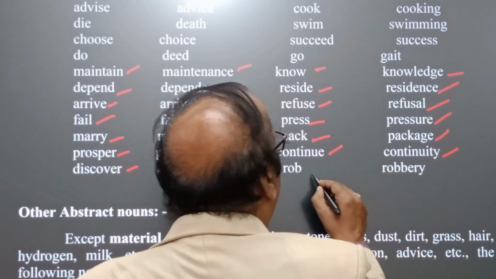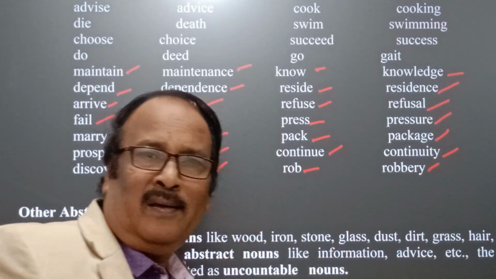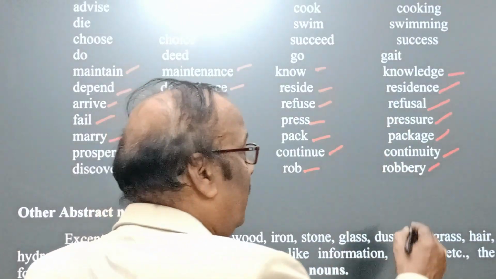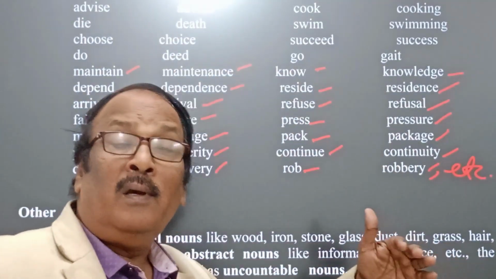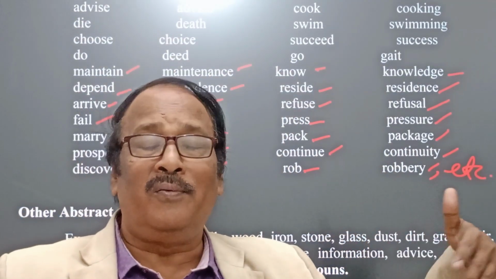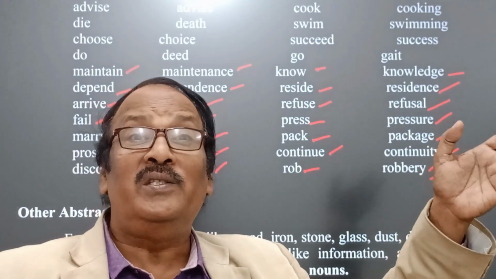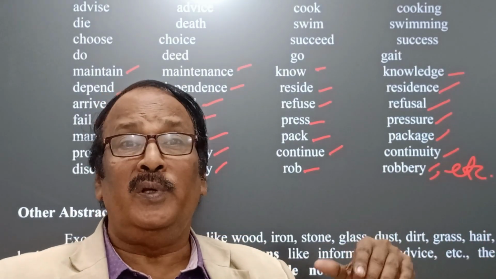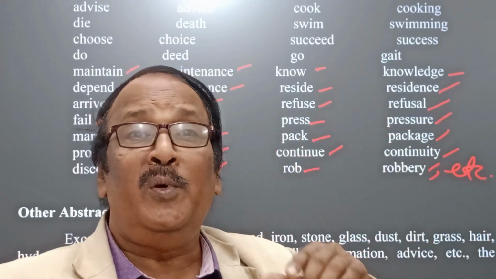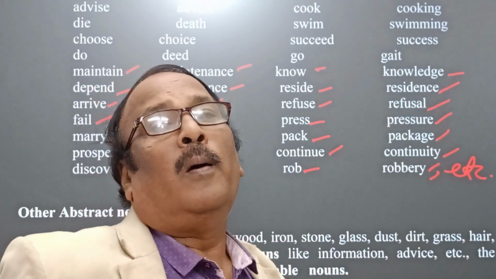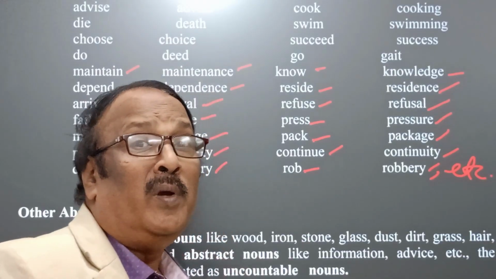Continue, continuity. Rob, robbery. Yes, very interesting ideas are here, and so on. It means there are a number of abstract nouns which are formed out of verbs in order to indicate action. Therefore, it will be discussed in vocabulary classes, and I will give you a number of abstract nouns coming from verbs.